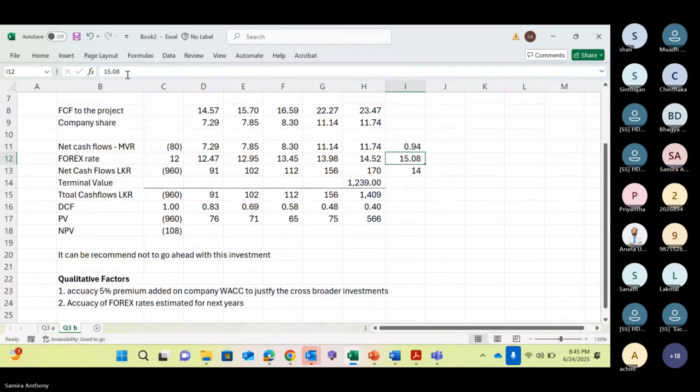Got it? Divide by 50%, multiplied by 40%. Then it is 142. Then when it's 142, this is the 6th year cash flow.